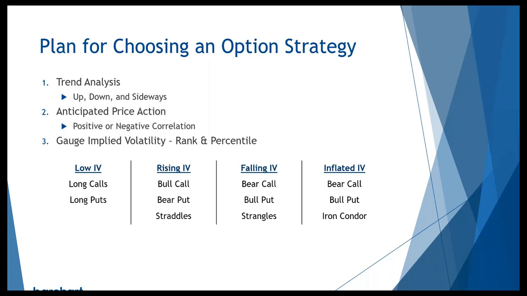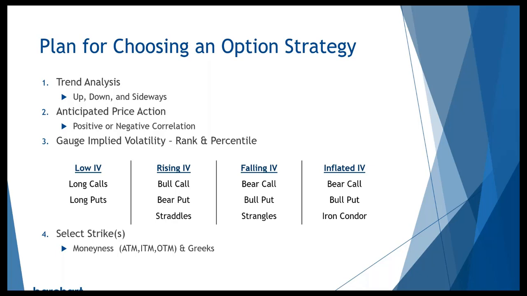So as I do my analysis, my price anticipation, and look at my implied volatility and those factors, then I can start thinking about what strikes I want to choose, which strikes are going to benefit, which, based on my Greeks, are going to help those strategies, and which strikes or which Greeks are going to be risks for me.